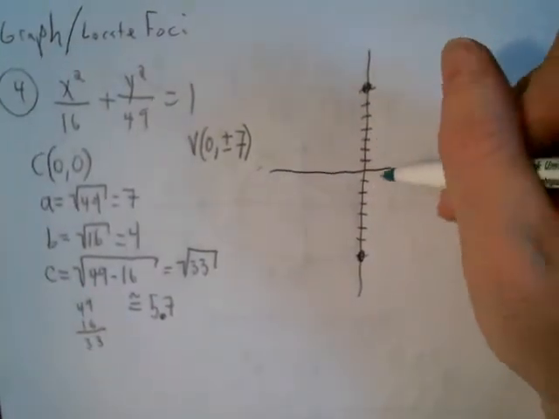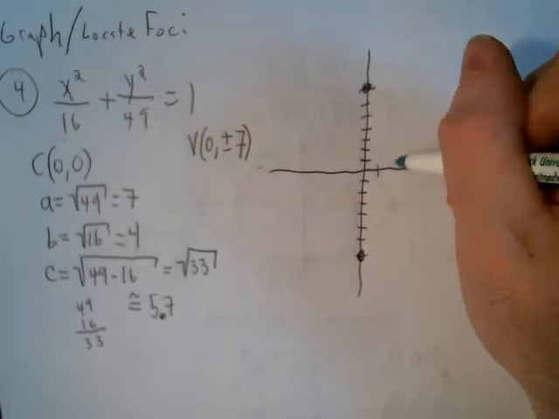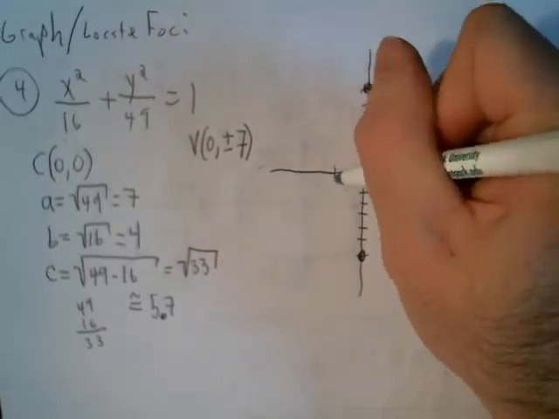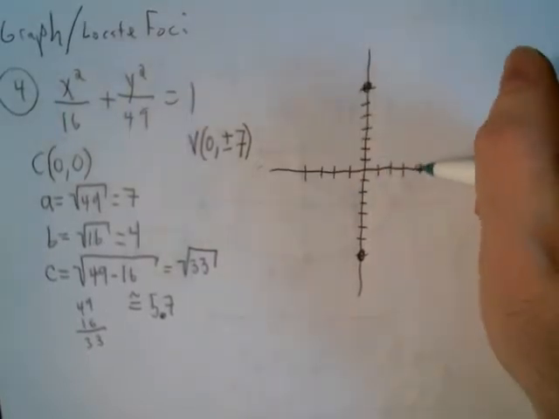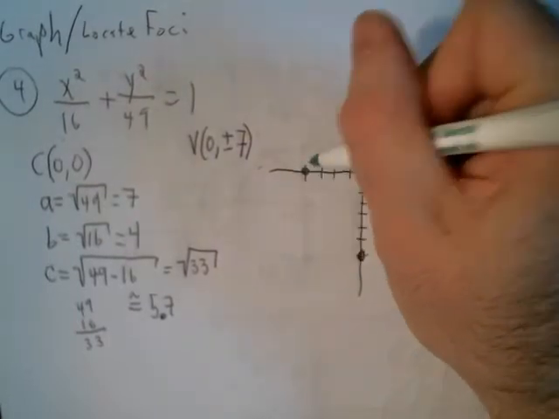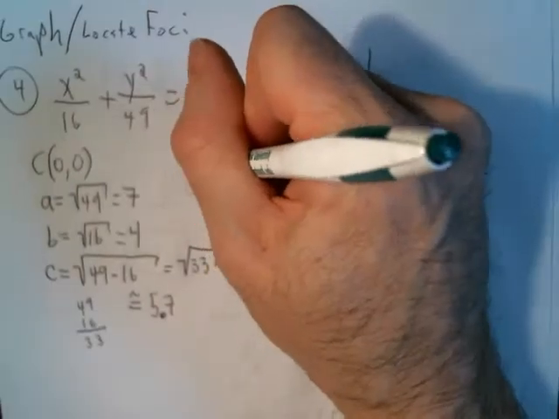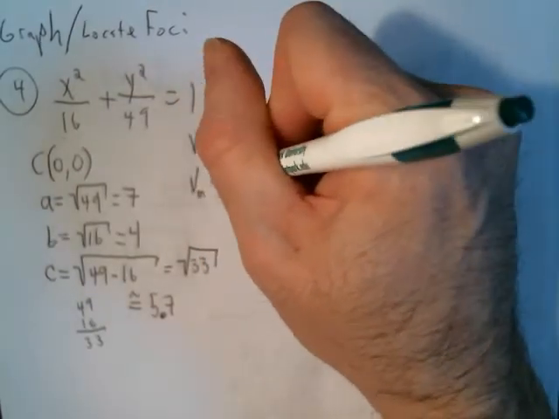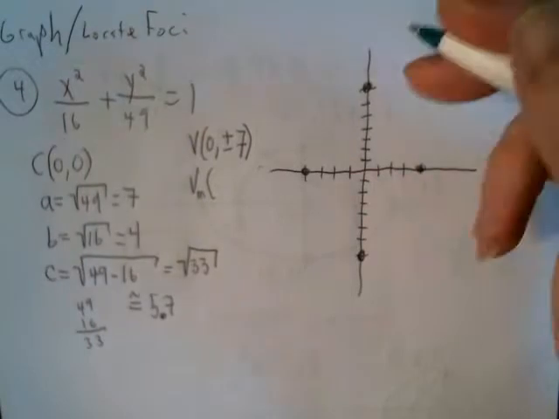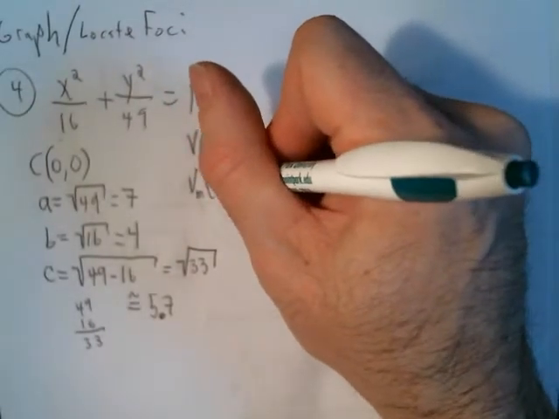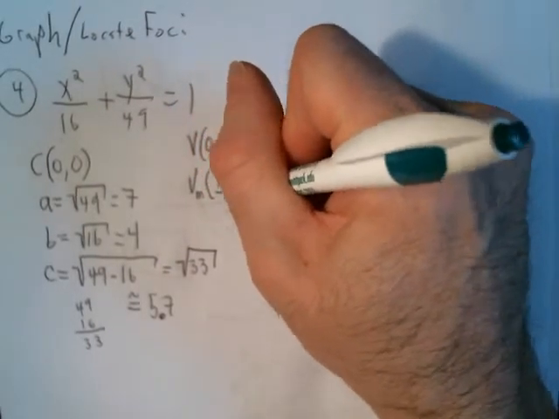Let's get the b values now. So 1, 2, 3, 4, 1, 2, 3, 4. And put the minor vertices out there. So if you want to label them, I'll put V sub little m for minor. So in this case, it'll be plus or minus 4, comma 0.